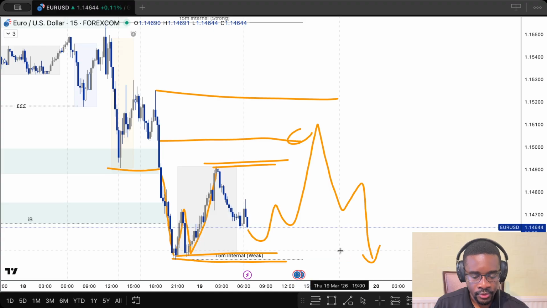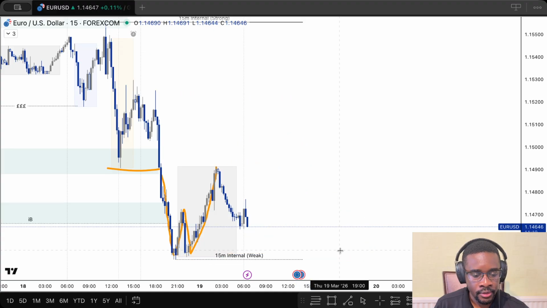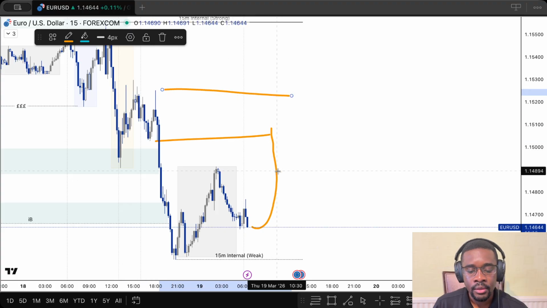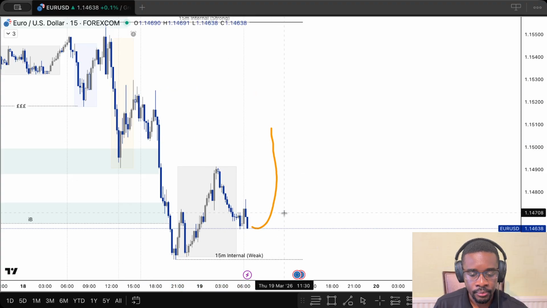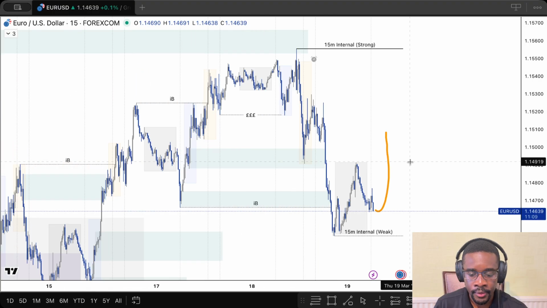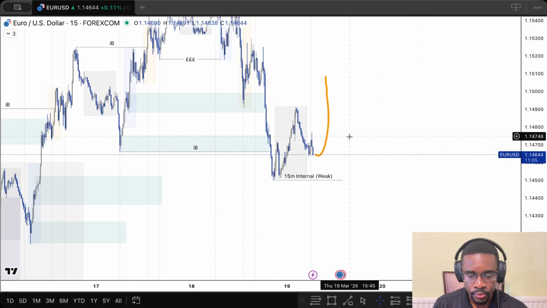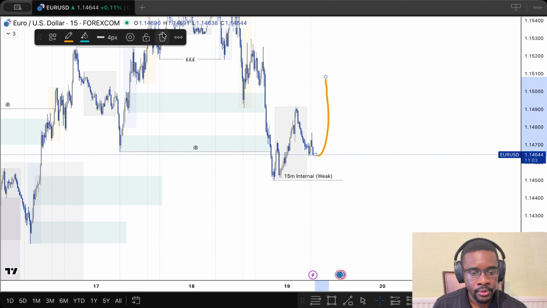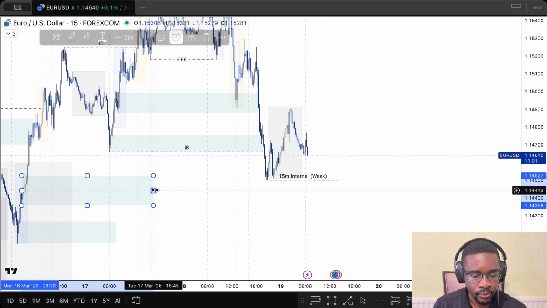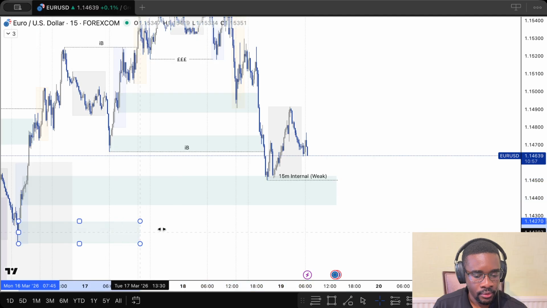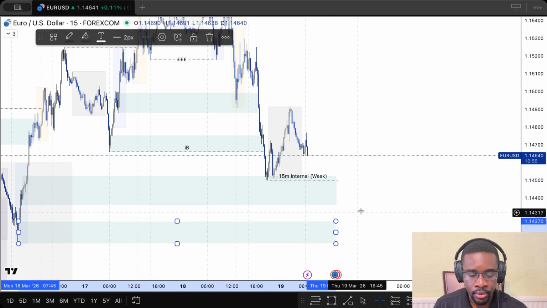However, with where price is, I highly doubt that it's going to come back all the way up. It is possible, but I highly doubt that it's going to do that. So what could happen is, we do have this area of demand at the bottom here.